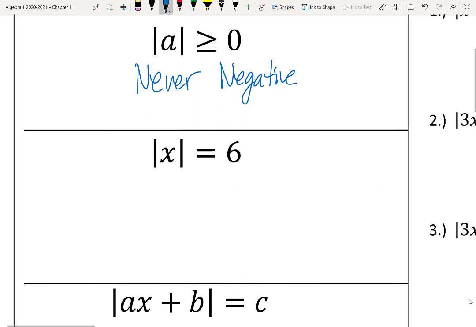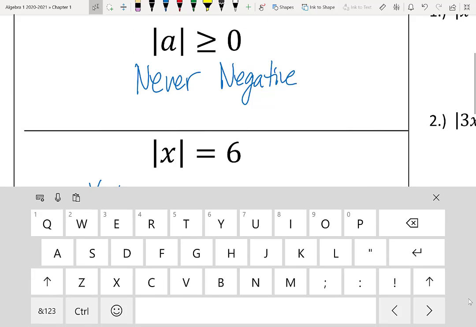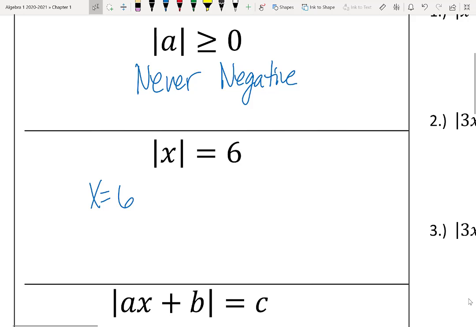Now, getting into an actual absolute value with some variables thrown in there, if I'm taking the absolute value of x, and I know that that's equal to 6, the obvious answer for what x could be equal to is just 6. The absolute value of 6 is just 6.